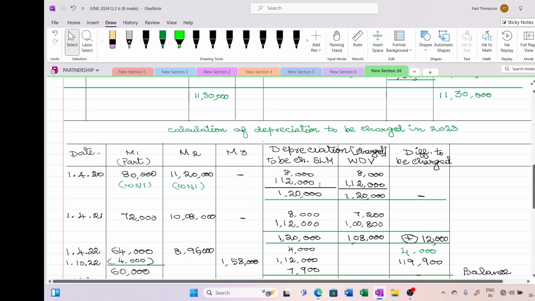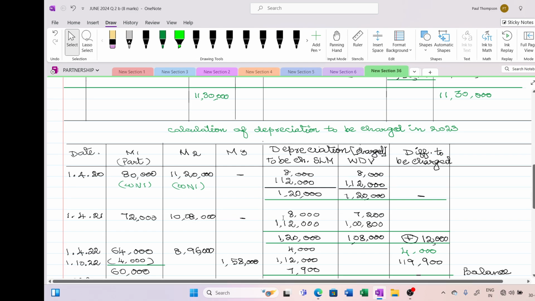Now this 8,000 has gone. The book value will become 72,000. Here 11 lakh 20,000, the depreciation 1 lakh 12,000 has gone. So now the book value is 10 lakh 8,000. We are not going to charge as per this book value. Earlier it was charged as per this book value. Now we are going to charge SLM, means constant amount.